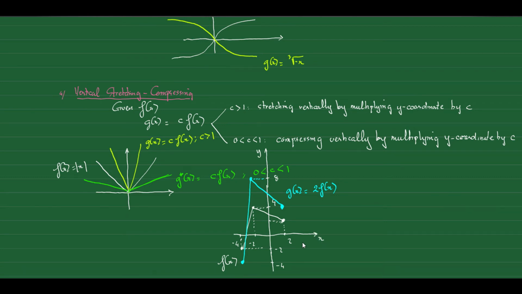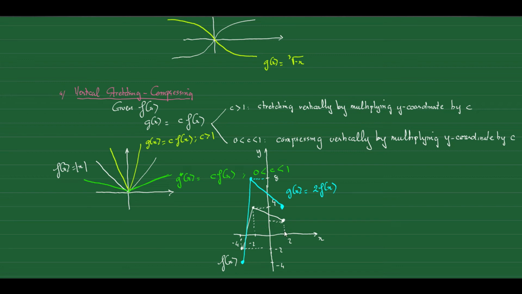Okay. Now the next transformation. I can do the same if you want to do compression. Let's do compression also. If I want to compress by the factor of 1/2, it means that I multiply the y component by 1/2.